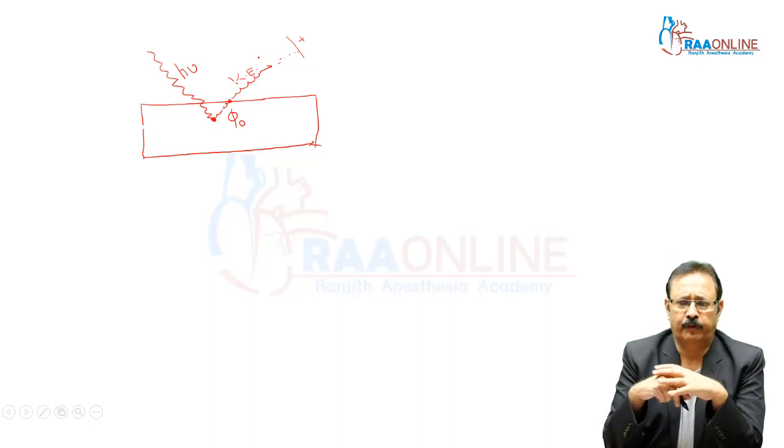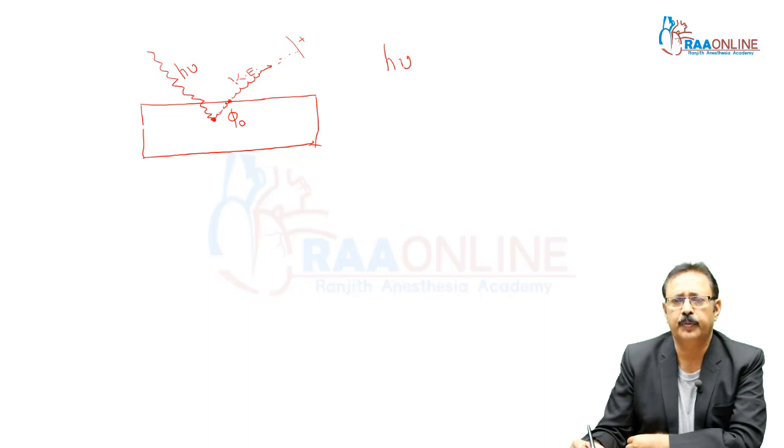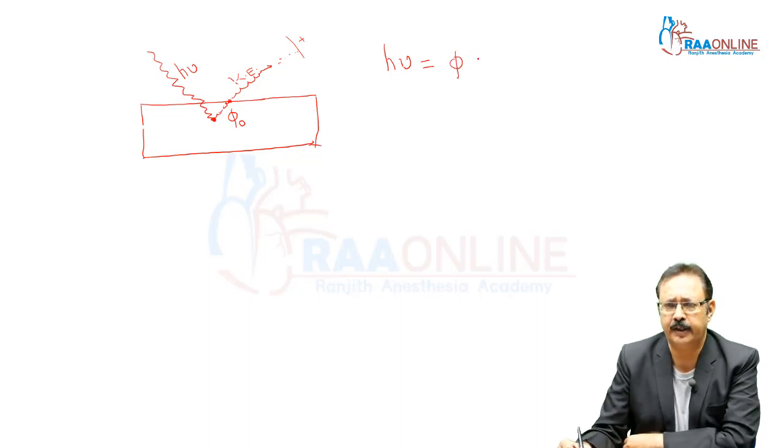So now what we got? We supplied energy h nu. It divides into two parts. One part took the electron from inside to the surface, and the second part supplied the electron kinetic energy.